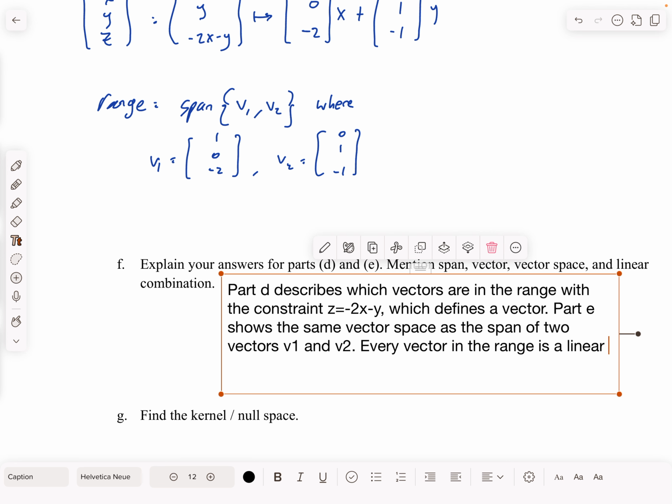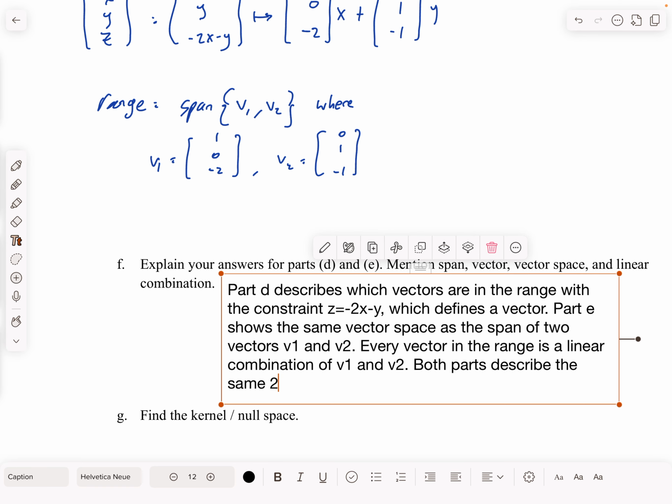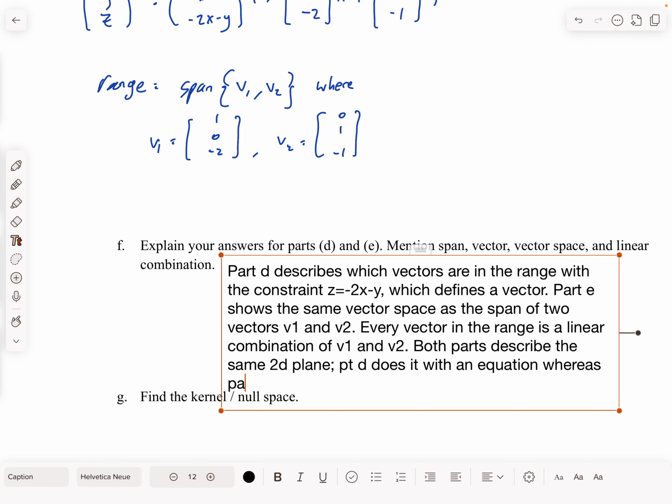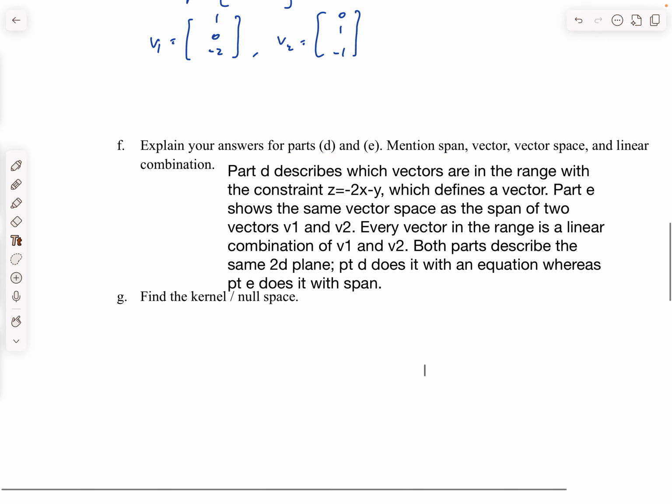Every vector in the range is a linear combination of v1 and v2, and both parts describe the same 2-dimensional plane, but part D does it with an equation, whereas part E does it with span.